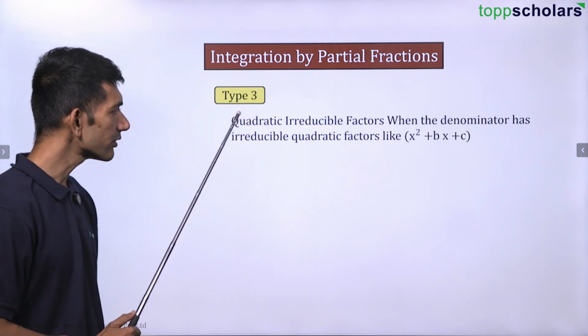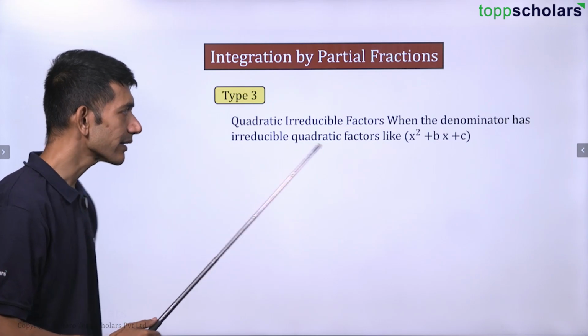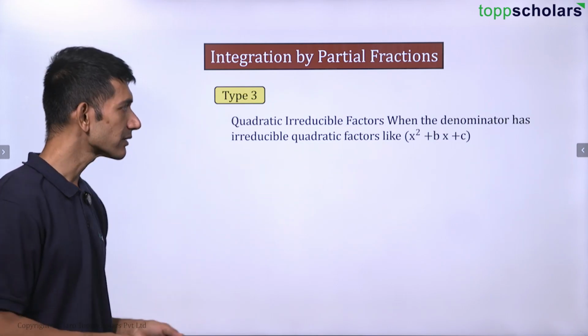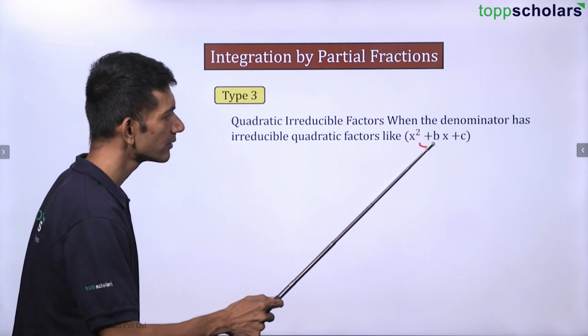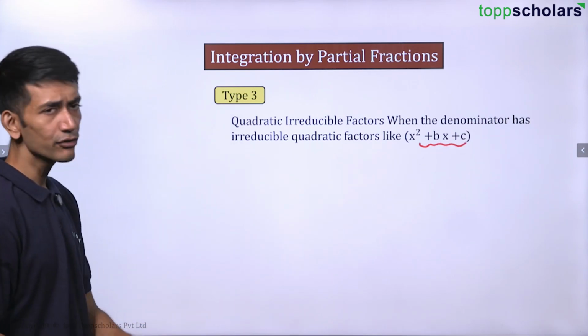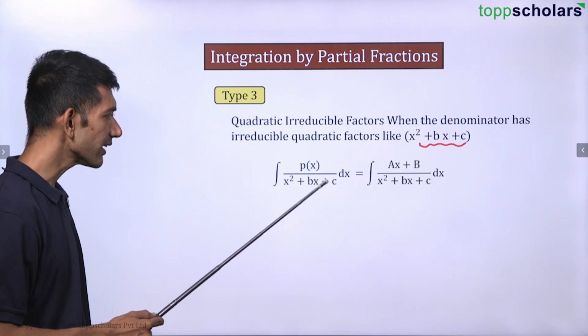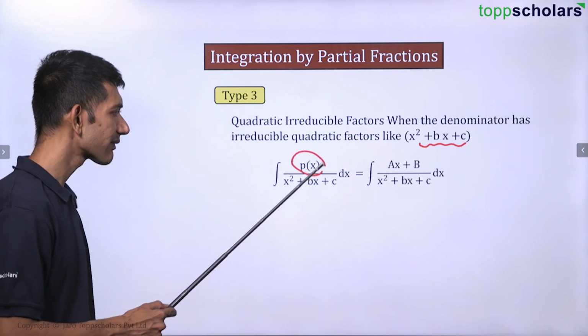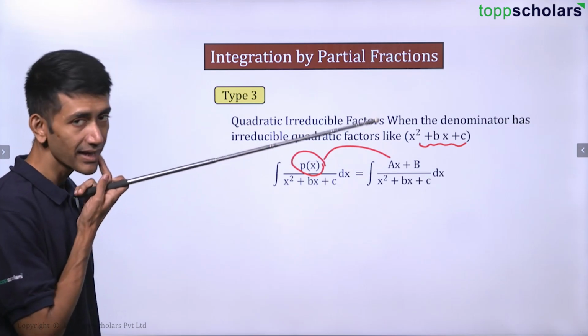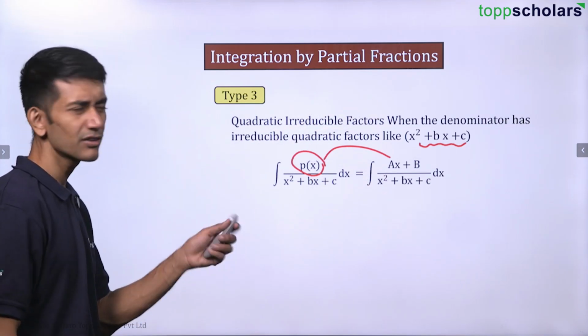Now third type is, we have some quadratic which are irreducible factors, when the denominator has an irreducible quadratic basically. Let us see how to solve those. So in this case, we write down px as ax plus b. This is very simple.